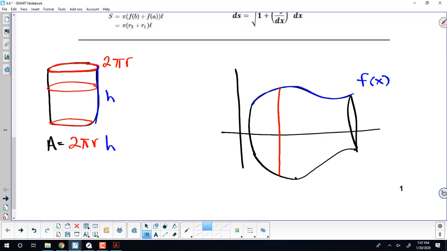Circle, right? It's not as simple as 2 pi r, because we see the radius of that circle varies as we go along that function, right? But we have a linear dimension. What's the other linear dimension we're going to multiply that by to get the area?